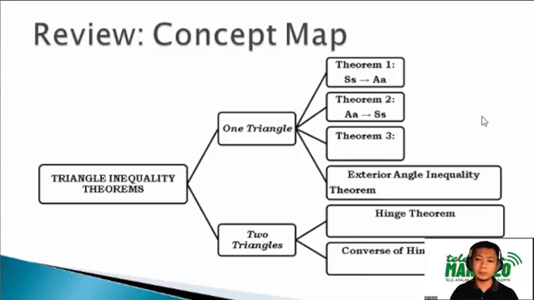How about theorem number 3? Theorem number 3 for triangle inequality of one triangle states that in any triangle, the sum of the lengths of any two of its sides is greater than the length of its third side. So, if we add the first side and the second side, it should be greater than the third side.